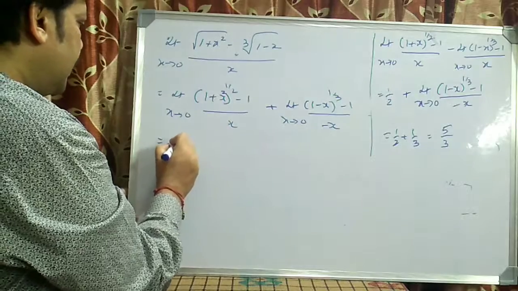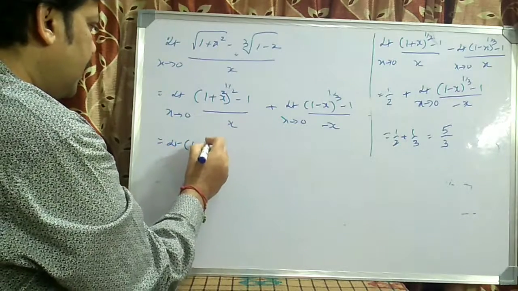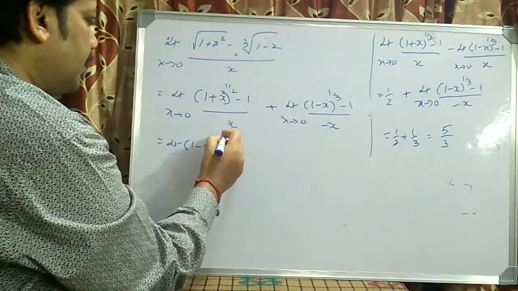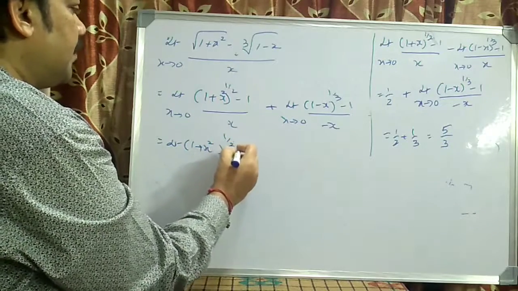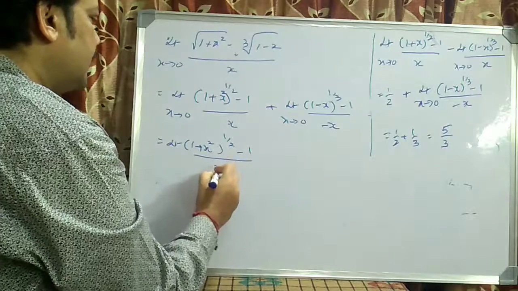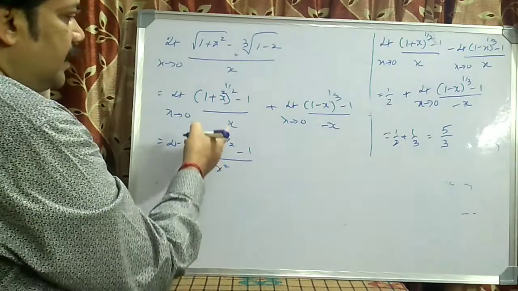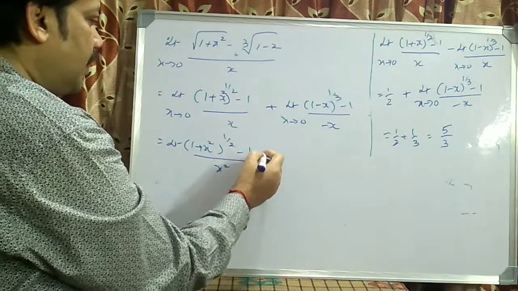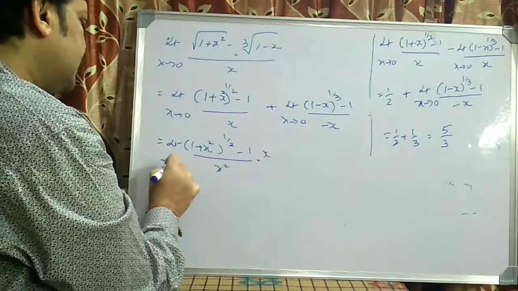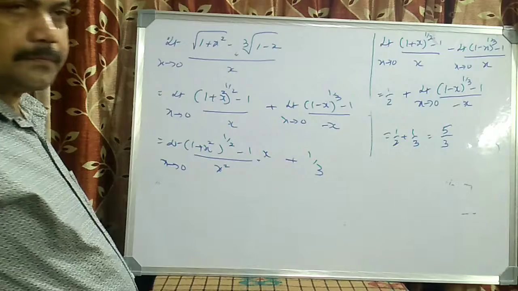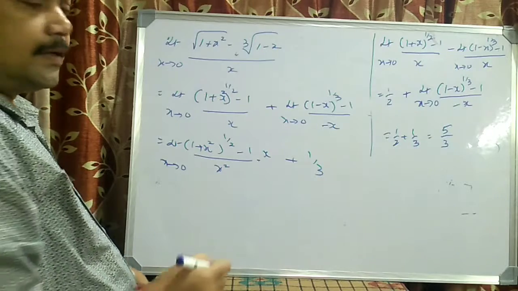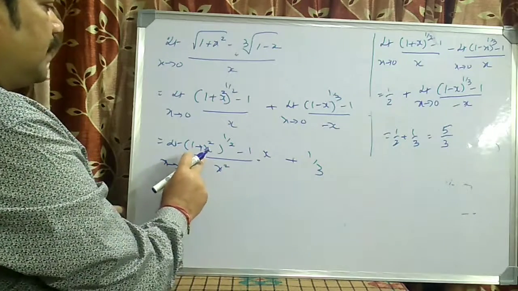Now what I am trying to do with this problem is (1 plus x square) whole to the power 1 by 2 minus 1, by x square. As I have made the denominator x square, I need to have into x as x tends to 0, plus 1 by 3. Do you understand? Now this is 1 plus x square.